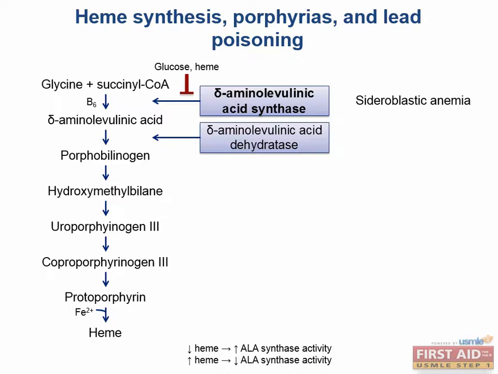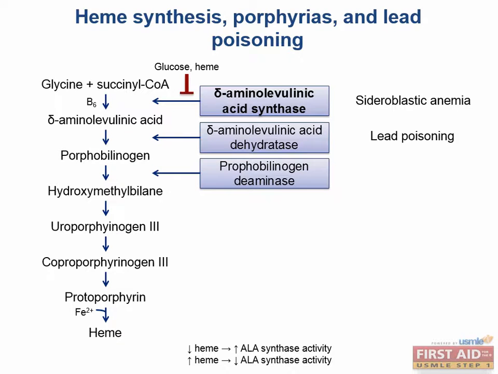Delta ALA is then converted to porphobilinogen via delta ALA dehydratase. Do you remember what we spoke about that can block delta ALA dehydratase? That would be lead in the condition of lead poisoning. Porphobilinogen is then converted to hydroxymethylbilane via the enzyme porphobilinogen deaminase.